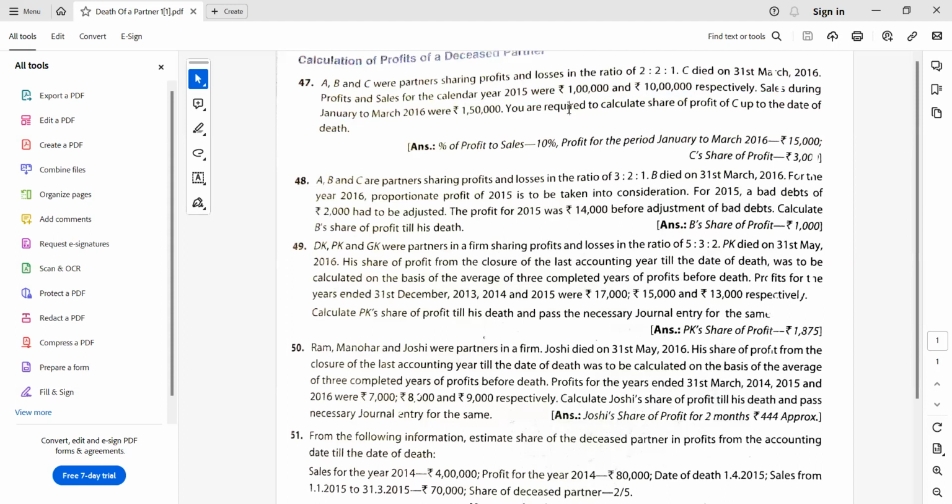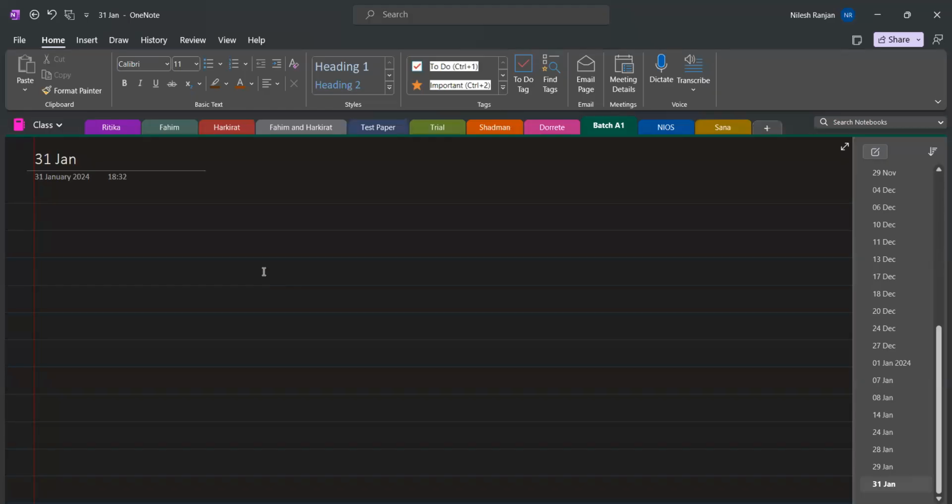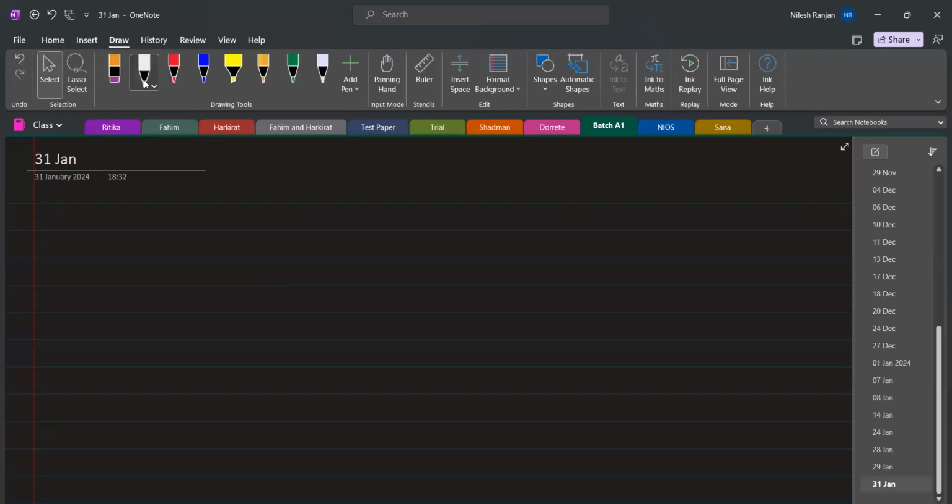But it is also not given in the question. There is no information that the year is ending on 31st December or 31st March. But from the information here, sales during January to March, we assume it as year ending on 31st December.